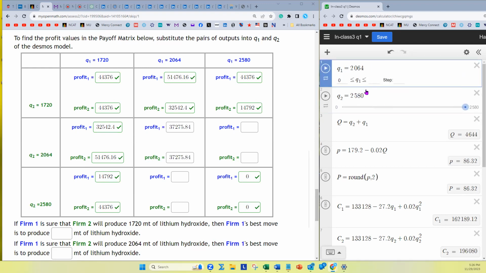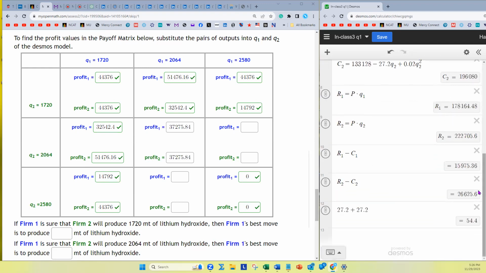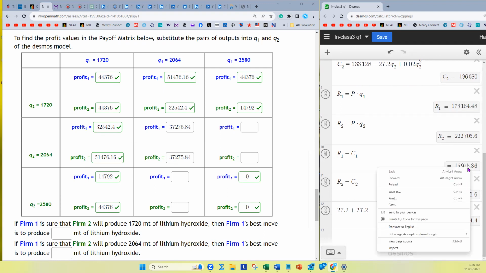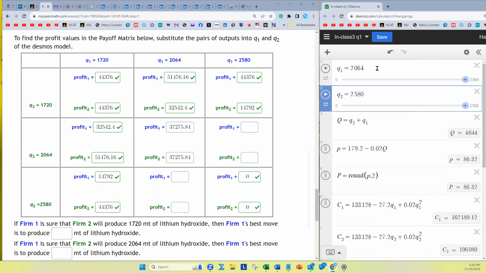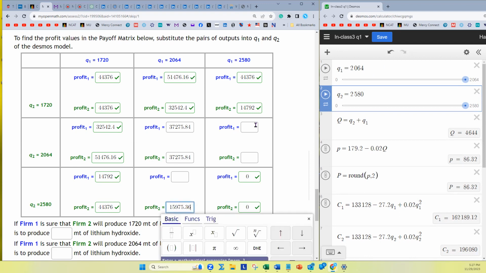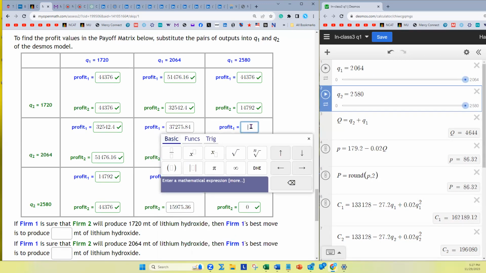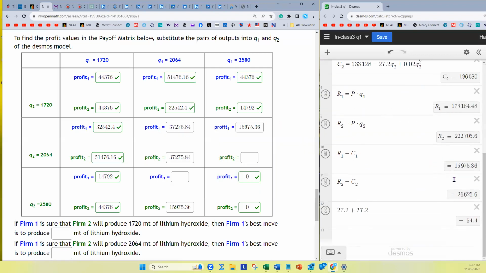So if one is at medium output and the other's at high output, the profits are higher. Firm one is at medium output, its profit is almost 16,000, right? And then we got higher profit, right?